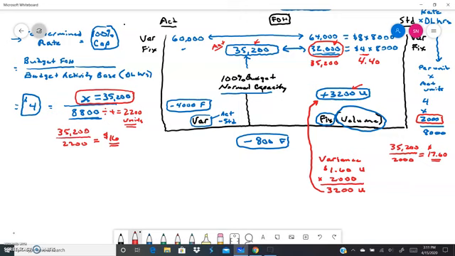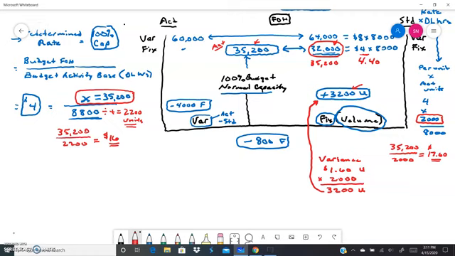So hopefully that helps explain it. It is a little bit confusing as to how this works, but I think if you come back to the idea that fixed costs have to be absorbed by all the products, and the fewer you make, obviously the more expensive they're going to be, all this is attempting to do is to quantify in total what that additional cost is going to be.